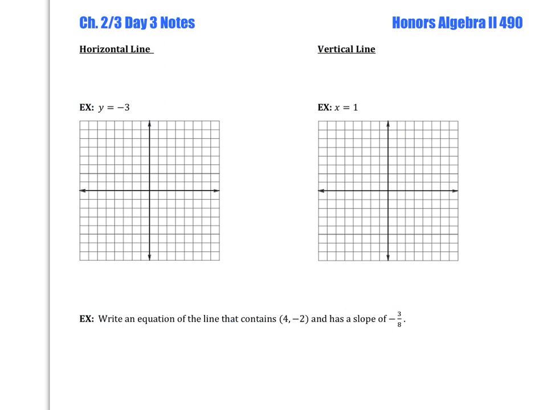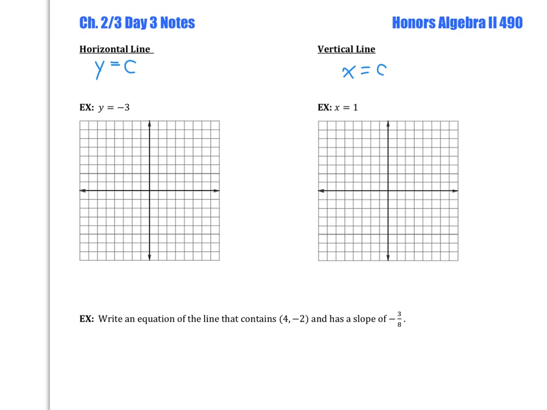The next 2 lines are going to be horizontal and vertical lines, and we kind of already talked about this when we talked about the slopes, but the equation of a horizontal line is simply y equals some constant c. A vertical line is where the x values stay constant, so it's going to be x equals some constant c.